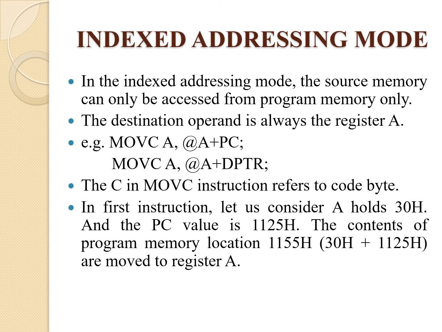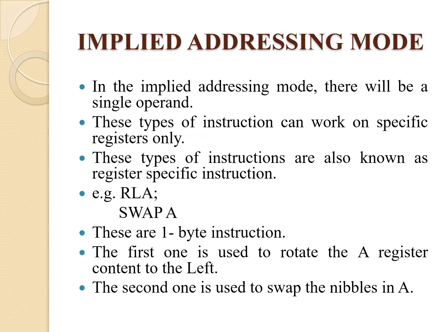In the first instruction, let us consider A holds 30H and the PC value is 1125H. Now you may remember that PC and DPTR are 16-bit registers. The content of program memory location 1155H, that is 30H plus 1125H, is moved to register A.